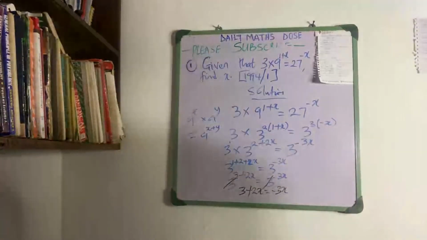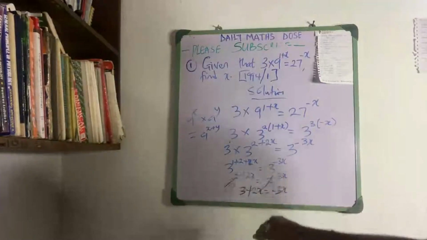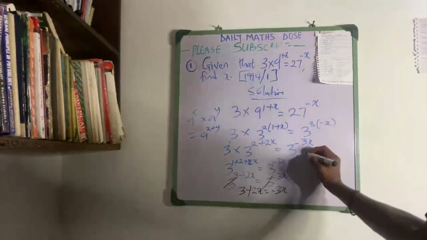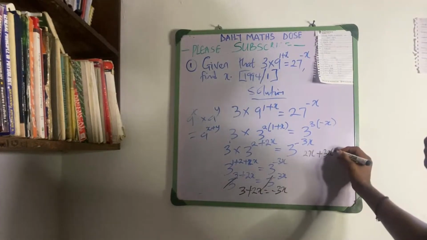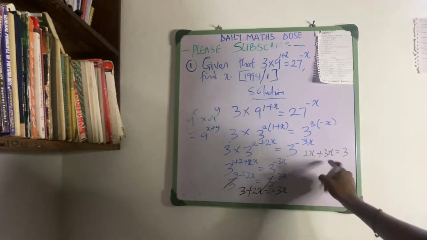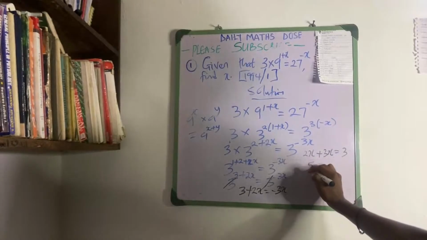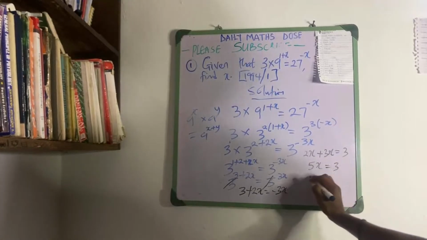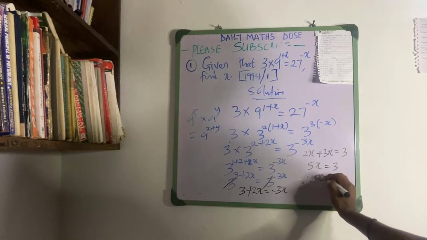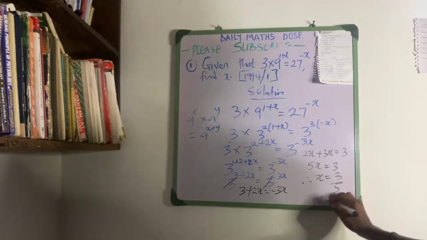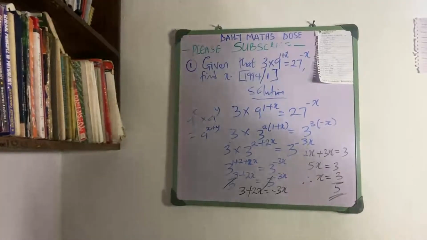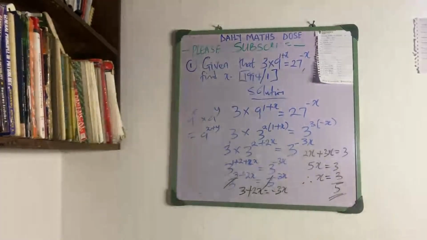We collect like terms, pushing minus 3x over to this side. So we have 2x plus 3x is equal to 3. So 2x plus 3x is 5x is equal to 3. Therefore, x is equal to 3 over 5. That is our final answer. If you solve it like this, you are sure to get your full mark.